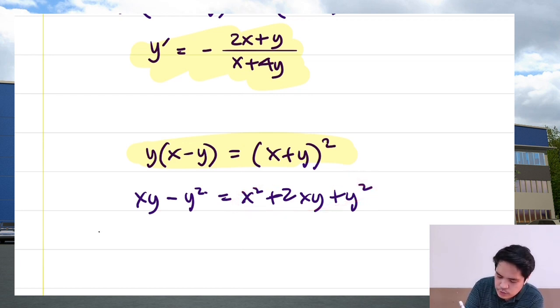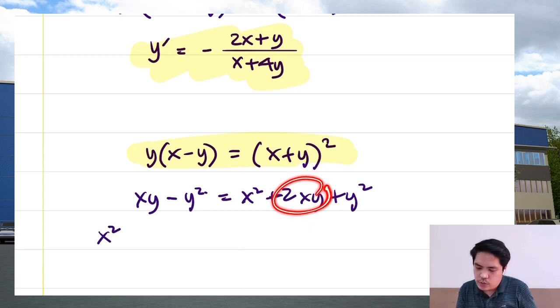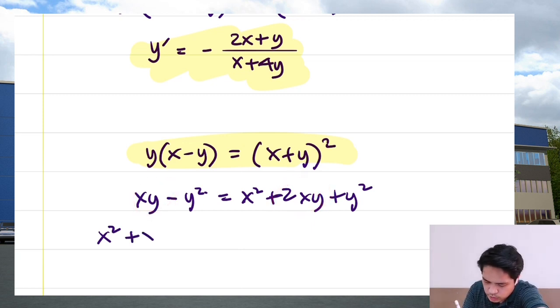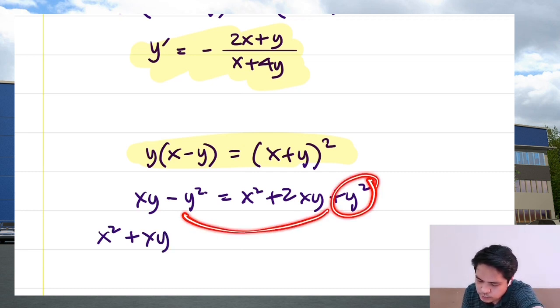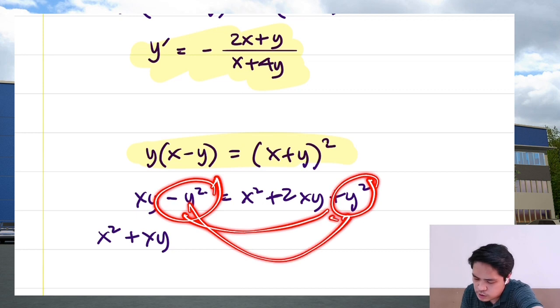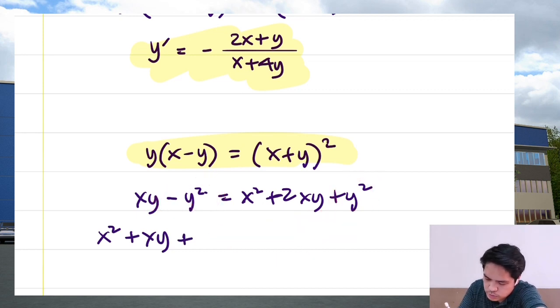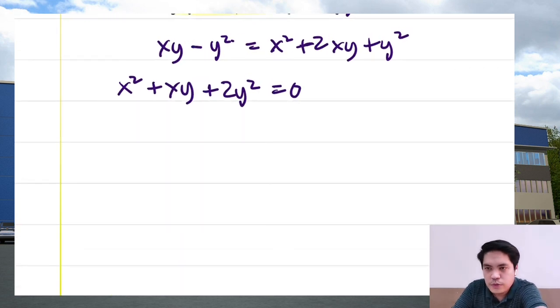So I'll have x squared, then 2xy minus xy. So that's xy. Then y squared minus negative y squared. Ito, transpose ko doon. So plus 2y squared. That's equal to 0. Then get the derivative.